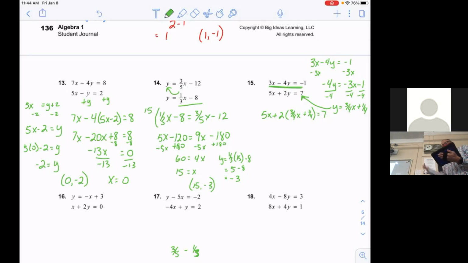Now what? Well, we got to get rid of those parentheses like we have been doing. But I have to know, what is 2 times 3/4? It is 6/4, wherever that came from. But 6/4 is going to reduce. We could take the 2 into the 4 twice, and it's going to reduce down to 3/2.